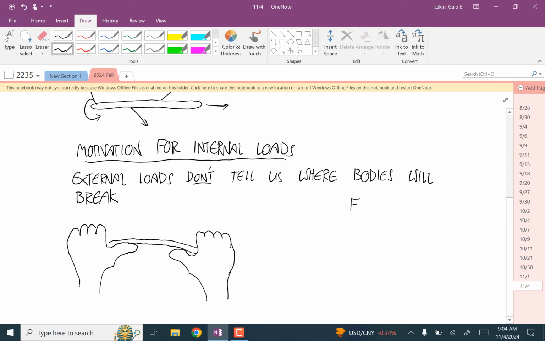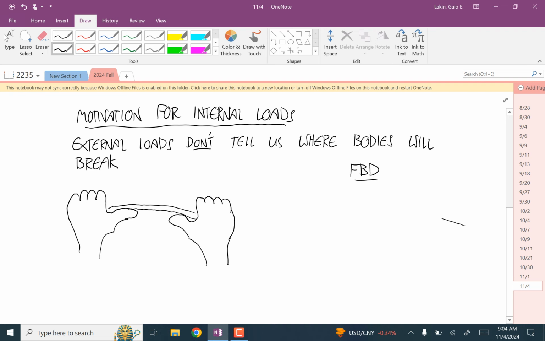A free body diagram, sort of a simplified one of this pencil, would look something like this. You have upward forces from your thumbs, downward forces from your fingers. And so just based on the external loads, we do statics to calculate what the magnitudes of those forces are.